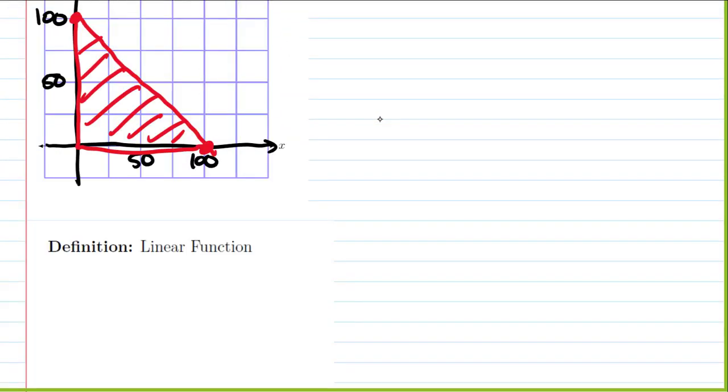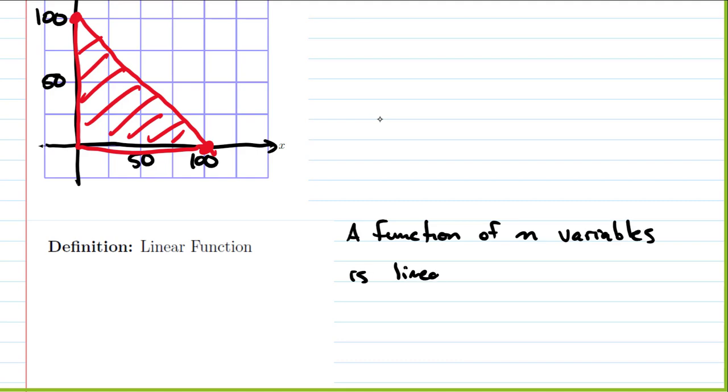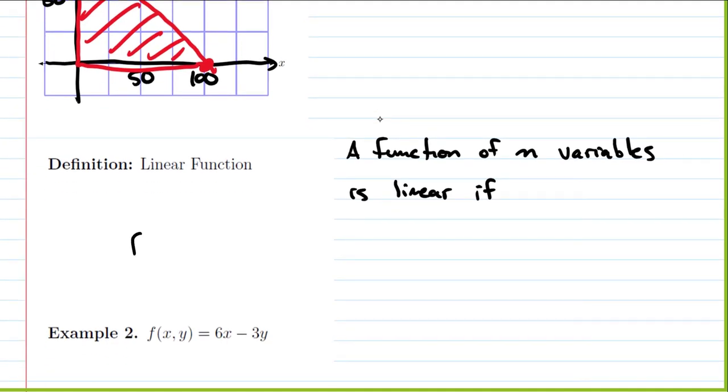A function of n variables is linear if f looks like this.